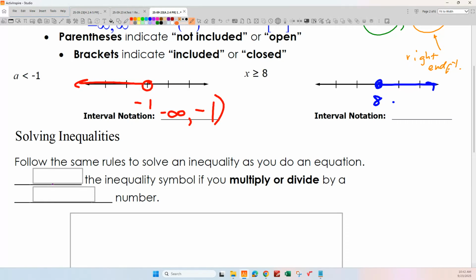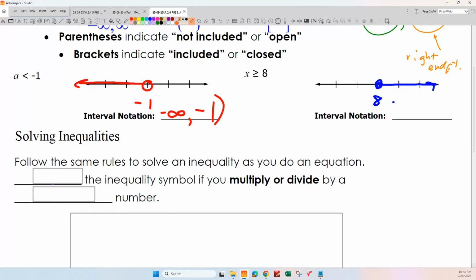Now let me ask you a question. If the ant's walking to the left, can the ant ever get to -infinity? No. It's not a place you can get to, right? So could we actually include that as an endpoint? No. So infinities always go with parentheses. They could never go with a bracket.